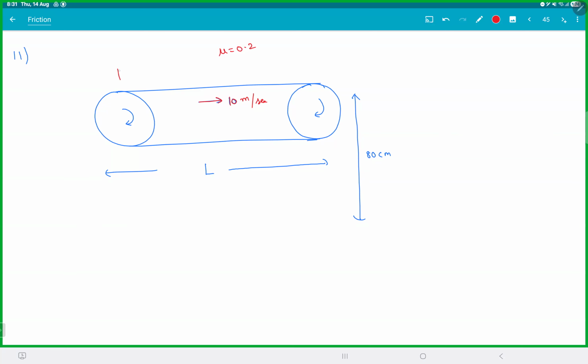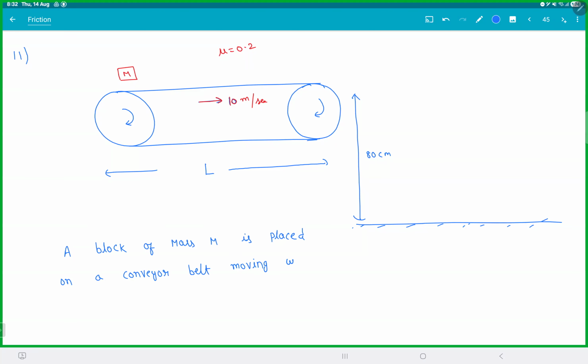Someone took a block of mass m and placed it at rest. Length of the belt is L.